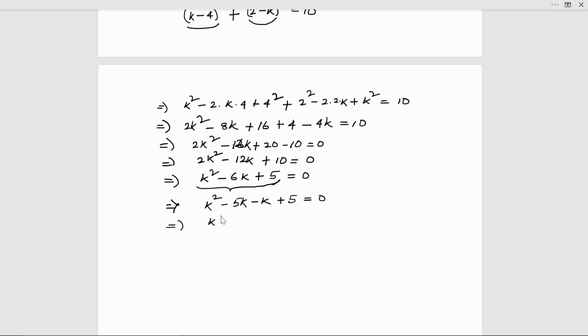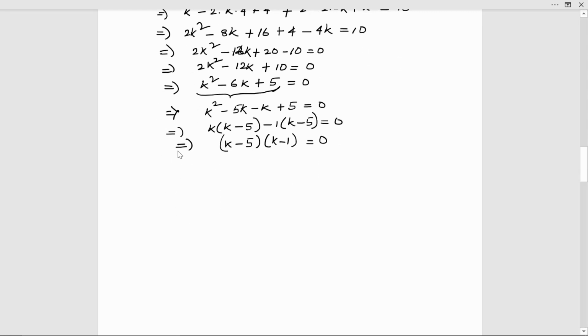So we are taking k common, so k minus 5, and we are taking minus 1 common from minus k plus 5, which basically gives me k minus 5 into k minus 1 equal to 0.